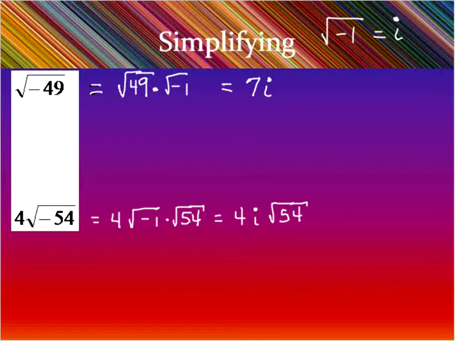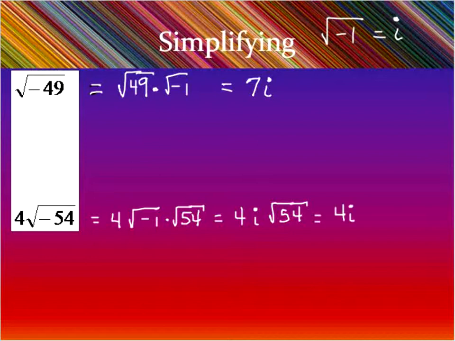Now, part of simplifying that we learned before is that you need to simplify square roots completely. So how do we do that? We talked about before that your square root is not simplified if it has a perfect square factor, and the perfect square factor in 54 is a 9. So I do need to break this down further.